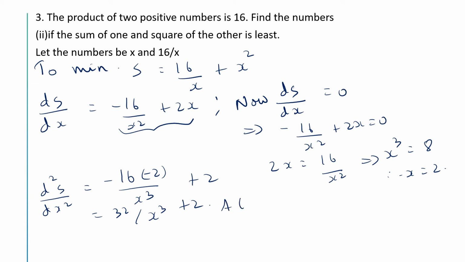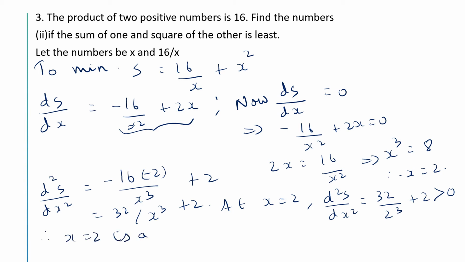So at x is equal to 2, d square s by dx square is equal to 32 by 2 cube plus 2, which is greater than 0. Therefore, x is equal to 2 is a point of minima.